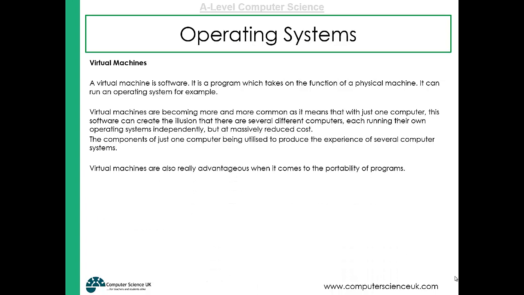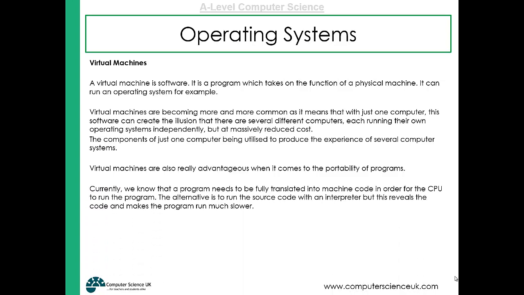Now, virtual machines are really advantageous as well when it comes to the portability of programs. We know from GCSE that a program needs to be fully translated into machine code in order for a CPU to run the program. When you translate a program into machine code, the translator will look to see what the hardware is, and it will translate it into machine code to make sure that the CPU can definitely run that program.